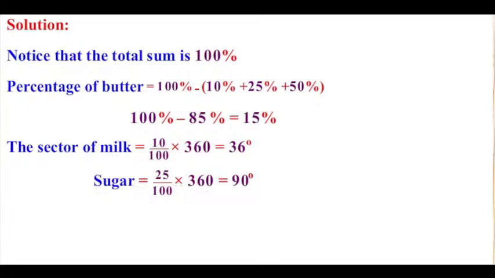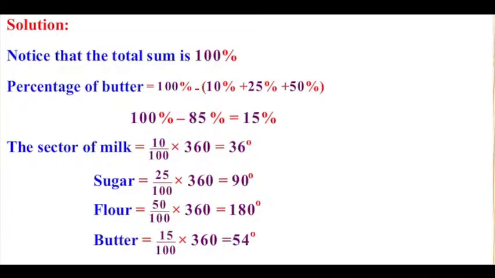Sugar equals 25 over 100 times 360 equals 90 degrees. Flour equals 50 over 100 times 360 equals 180 degrees. Butter equals 15 over 100 times 360 equals 54 degrees.